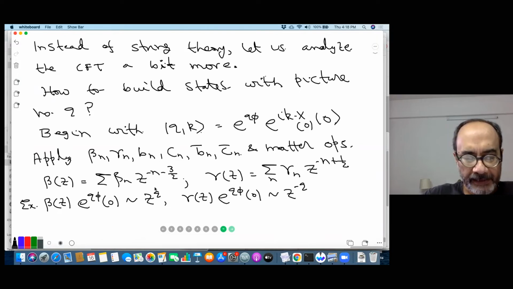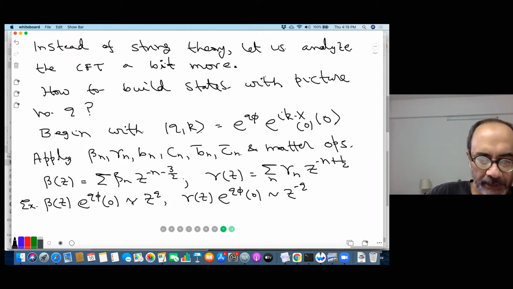So if you compare this, we see that you get some condition on what kind of beta n can give you a non-zero answer. Because if, for example, this power becomes less than Q, say Q minus 1, then the corresponding beta n must annihilate this state, because the leading term goes as z to the Q. So you cannot have any term of the form z to the Q minus 1. Similarly, here you cannot have any term of the form z to the minus Q minus 1.